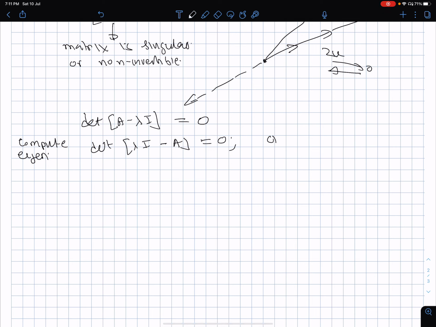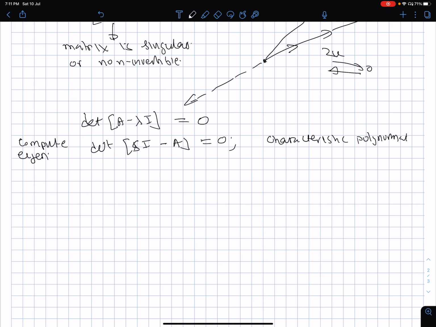This is called the characteristic polynomial, or if you want, you can write it with a variable s, as some people prefer. You evaluate this determinant, and it is the characteristic polynomial.